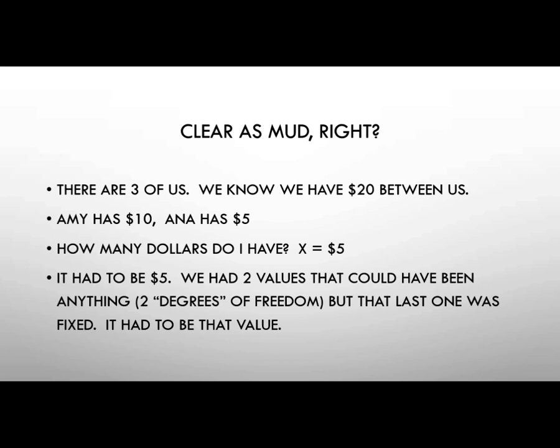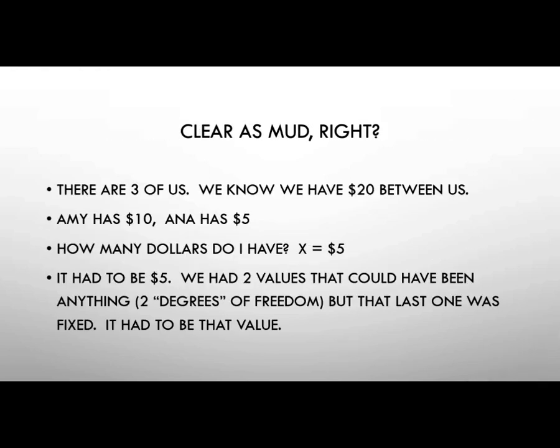Once you know Amy's value and Anna's value, I'm stuck. I have to have 5, because she has 10 and she has 5. That's 15. So left over is me. I must have 5. So we had 2 values that could have been anything. They had 2 degrees of freedom, but once those were known, that last one was fixed. It had to be that value.